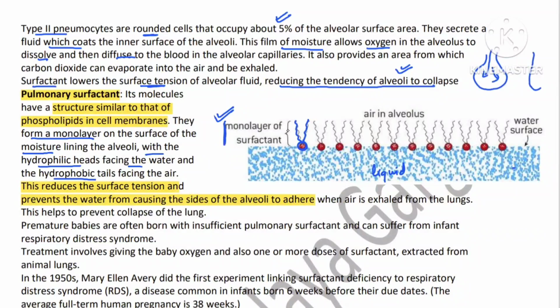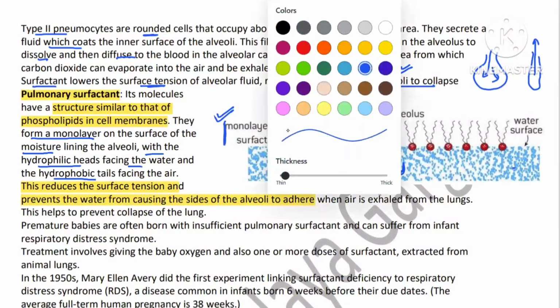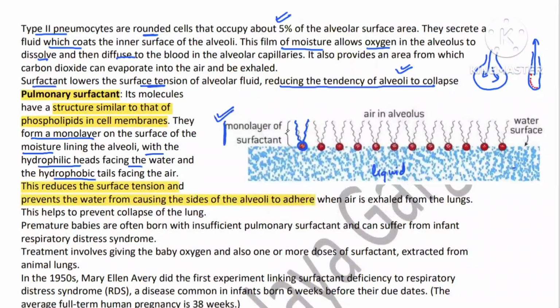But when you do expiration, the alveoli collapse this way and touch each other. Here the thin film of water which is present, we don't want it to stick together. So to prevent the water from sticking together, we make one layer known as surfactant to reduce the surface tension and prevent the alveoli from collapsing when air is exhaled from the lungs. So this much is clear.